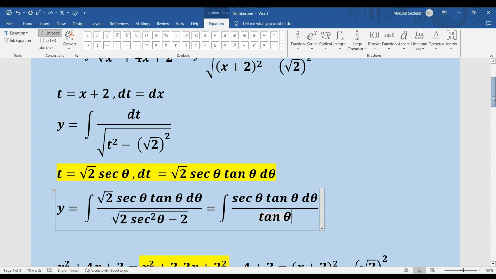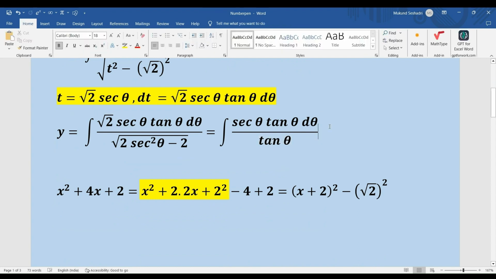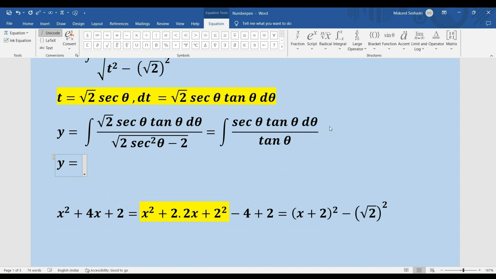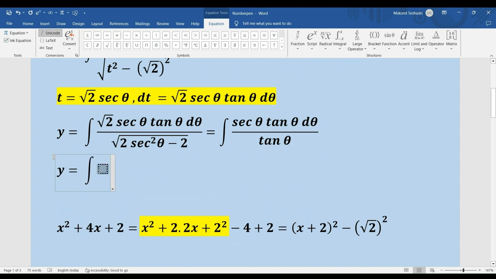I can cancel out the tan theta, and what I'm left with is y equals integral of secant theta d theta, right? Now, this is something that I would recommend you remember as a formula, otherwise, you will end up spending a lot of time trying to solve this in the exam.